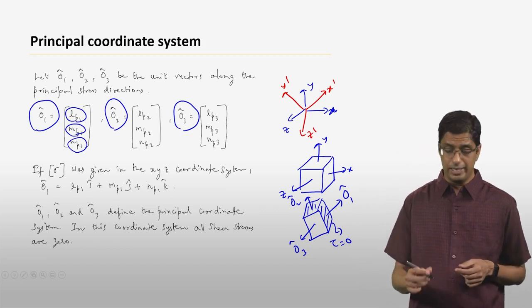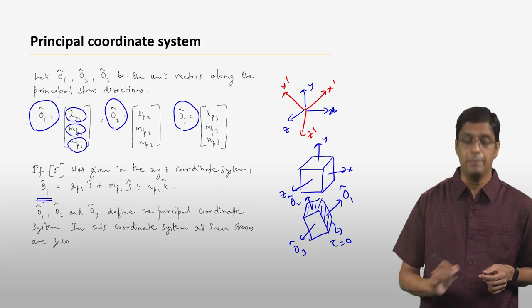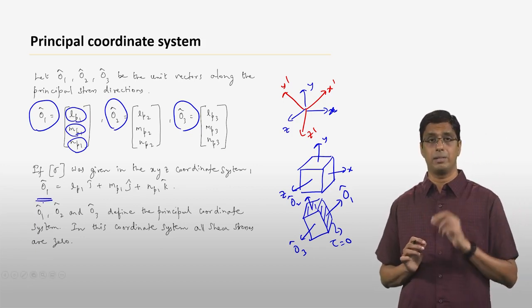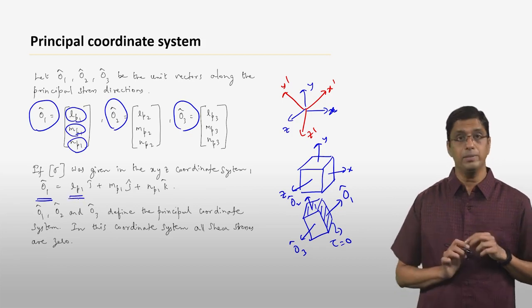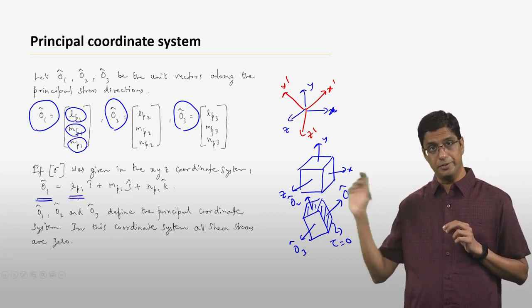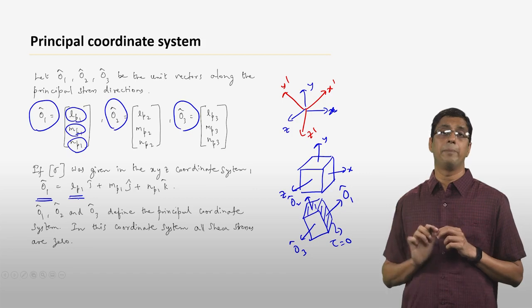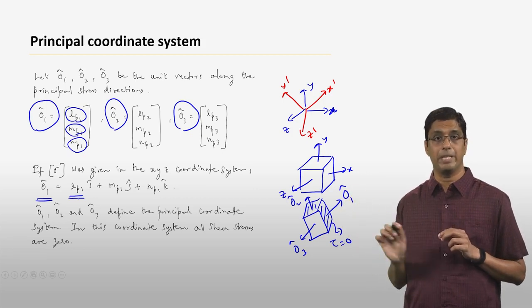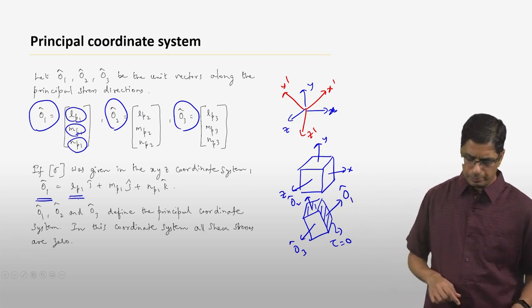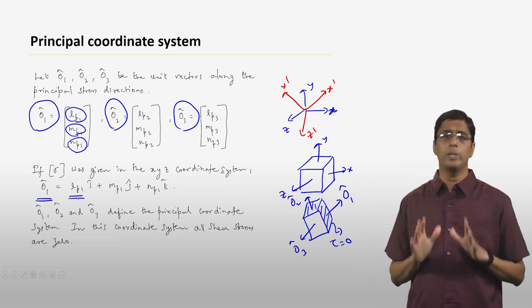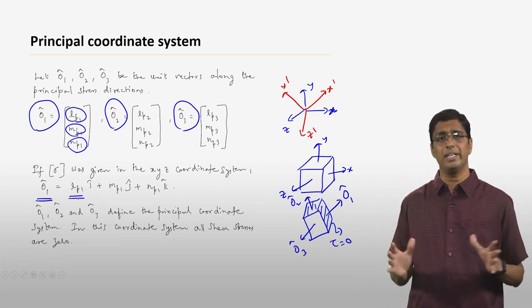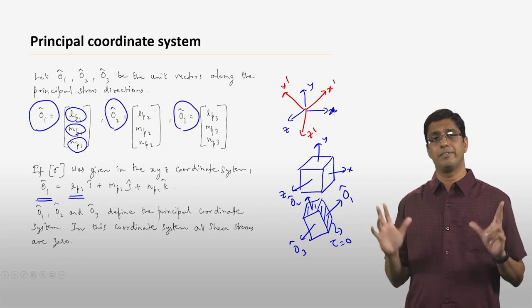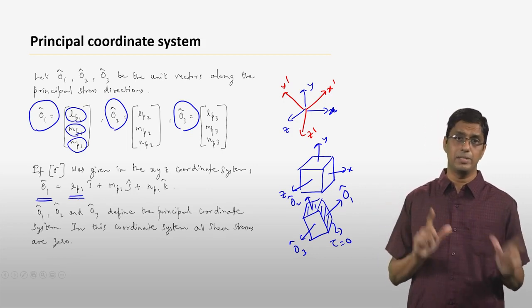So essentially this σ1 cap, which is a unit vector along the principal stress direction number 1, is nothing but LP1 times i, which is a unit vector along x, plus MP1 times j and NP1 times k. So σ1 cap, σ2 cap, σ3 cap themselves define a coordinate system, and that is called a principal coordinate system.